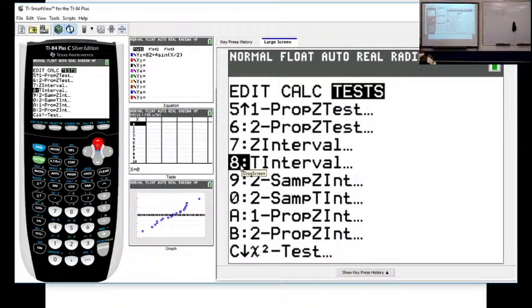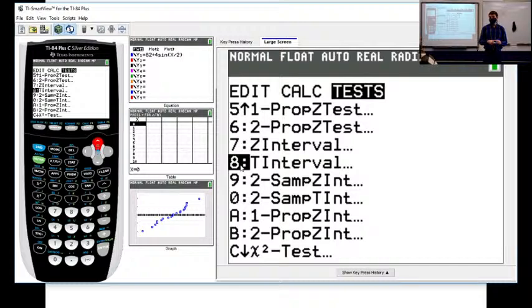And when we go there, they're going to have 2 different options here. Let me explain what the options are before you get bogged down by the menus. The 2 options are data and stats.